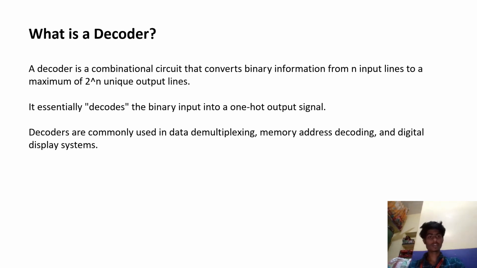Now in this slide we are going to discuss what a decoder is. A decoder is a combinational circuit that converts binary information from n input lines to a maximum of 2 to the power n unique output lines. For example, if we give two input lines, x and y, we get 2 squared, that is 4, outputs.